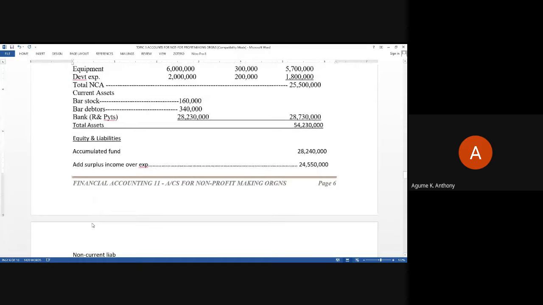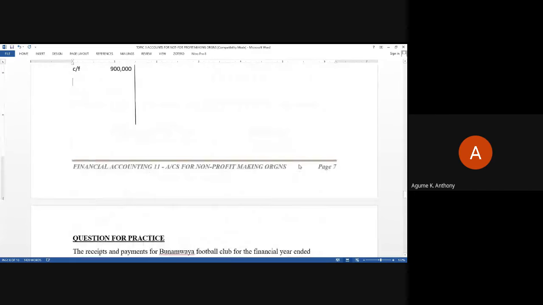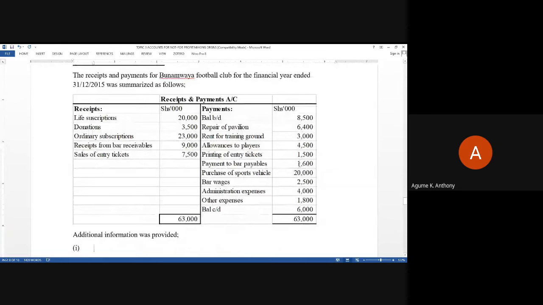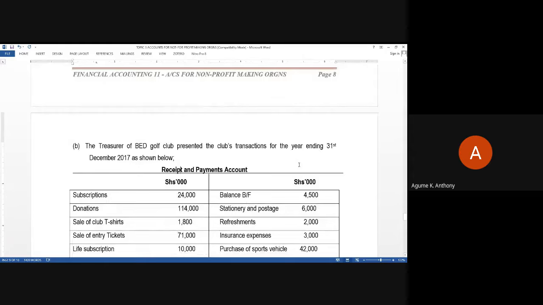Non-profit making organization. Okay. Now I want you to go and do the following illustration of Bonamaya. So you prepare it, and also you do the illustration of bed golf club.